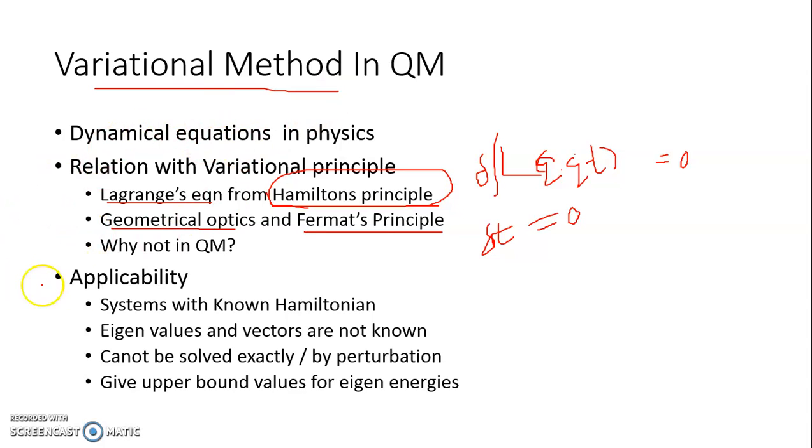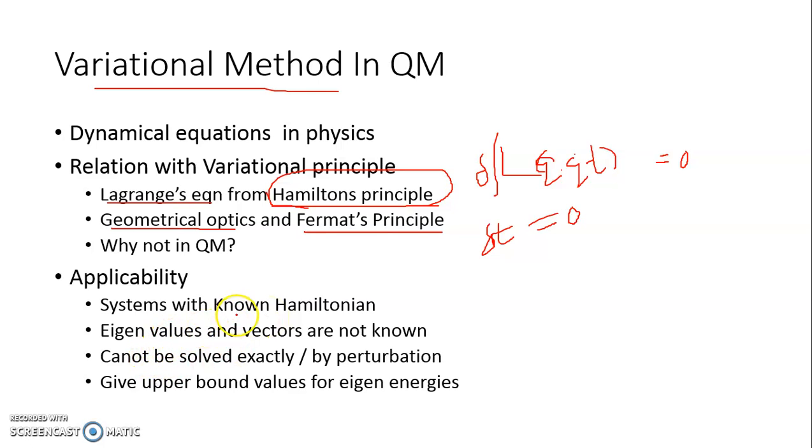Yes, it is applicable, and the applicability will be limited to systems with known Hamiltonians. Though the Hamiltonians are known, we are absolutely ignorant about the wave functions, wave vectors and eigenvalues corresponding to that Hamiltonian, or the system under our study.